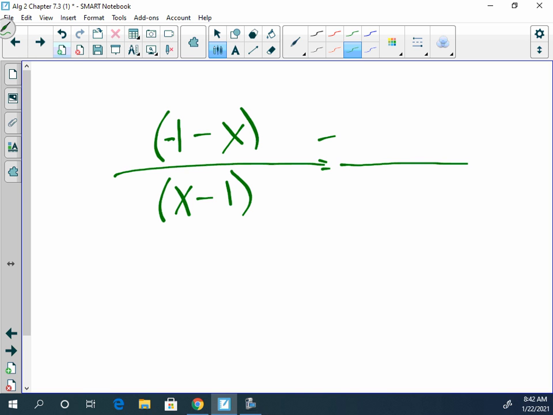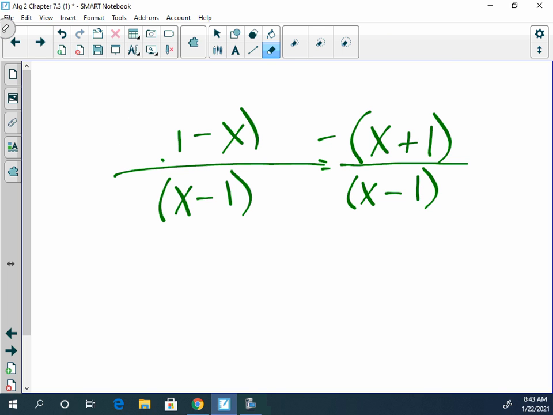Well, if I pull a negative out of the top, the x becomes positive, yes? Well, what happens to the 1? It becomes plus 1, yes? Well, those aren't the same, are they? So if we're able to pull the negative out, both signs need to be what? Opposite.